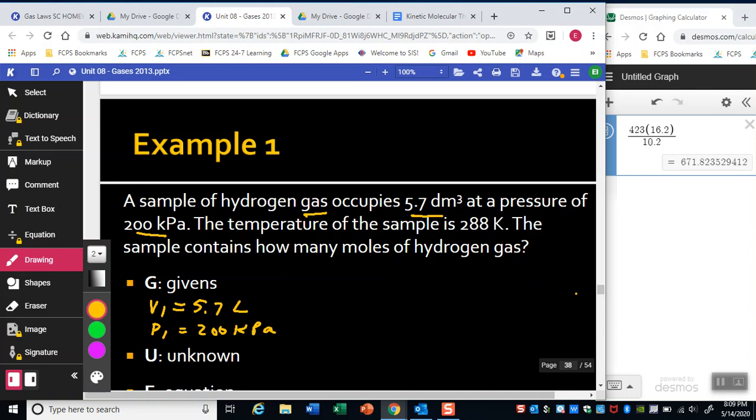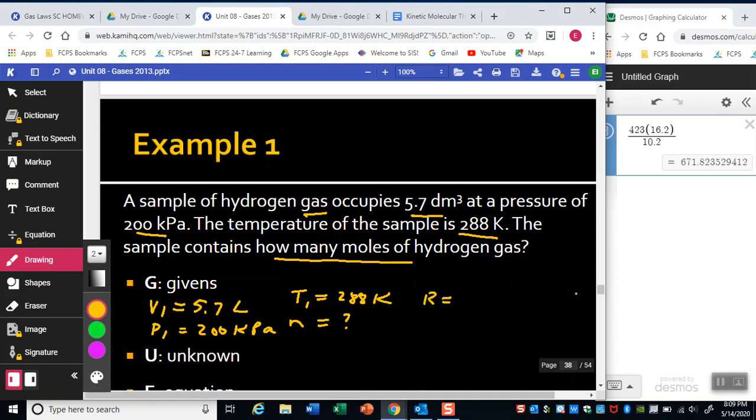And I've got a temperature of 288 Kelvins, and the sample contains how many moles? So I'm trying to find N. That's what I don't know.